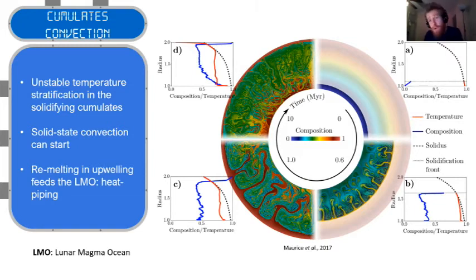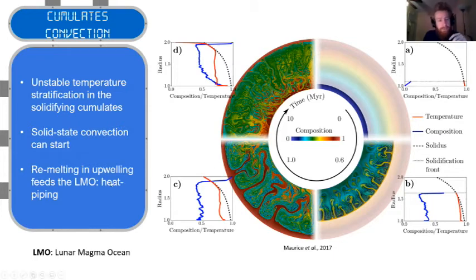And if you have convection in these hot cumulates, most likely you would expect to have secondary melting due to pressure release melting in the rising plume in this convecting mantle. And this secondary melting would then feed the magma ocean and could help heating it up. It's as if you would have volcanism, which would spill its hot lava within the magma ocean.